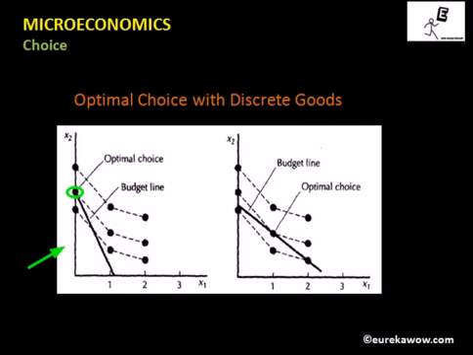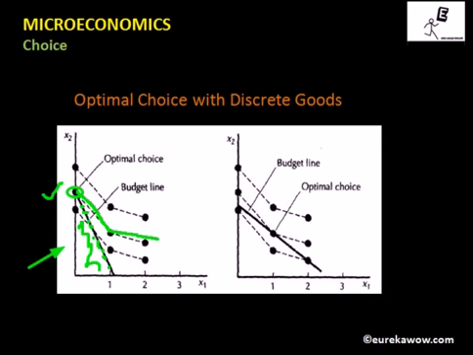Now if you look, these are the points which are affordable by the consumer and those that lie here. The indifference curve that passes through the point is this, and clearly all these bundles which are affordable by the consumer are lying to the left of this indifference curve, and as a result they will be lying on a lower indifference curve and thus providing lower utility to the consumer.